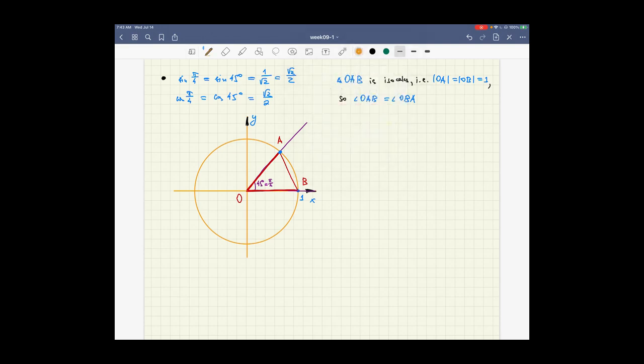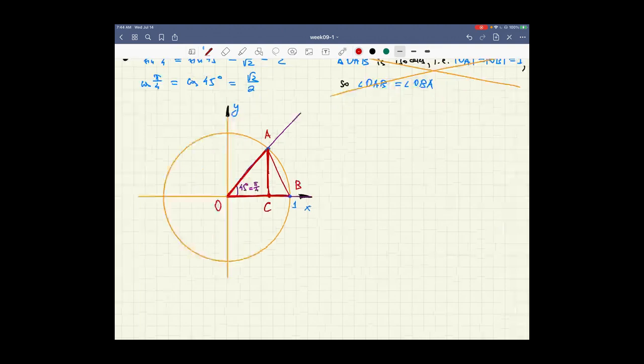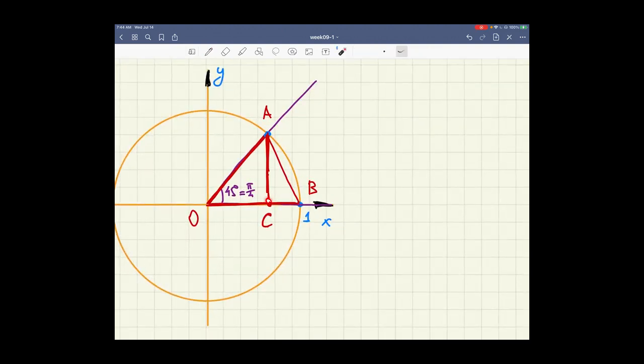Let me think. Instead, I should work with triangle OAC, where C is the base of the perpendicular dropped from point A on the x-axis.